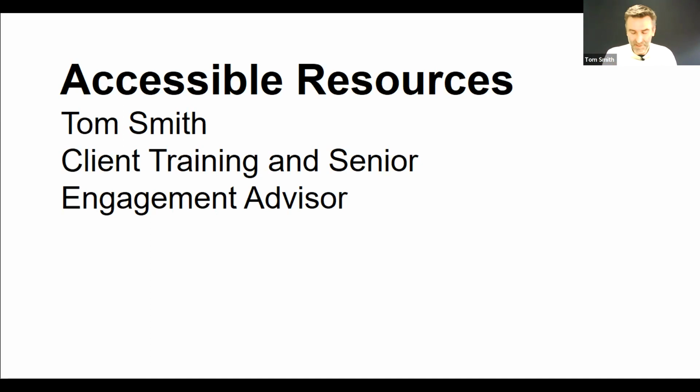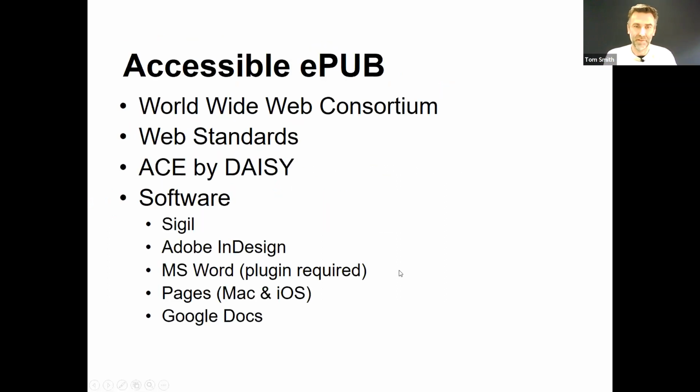Okay, so like I said, I was going to start off by looking at accessibility standards. We're talking about ePUB files as the main one. If you don't know what an ePUB file is, ePUB is the format of a lot of the print content that's available in things like BorrowBox, Libby, and Wheelers.